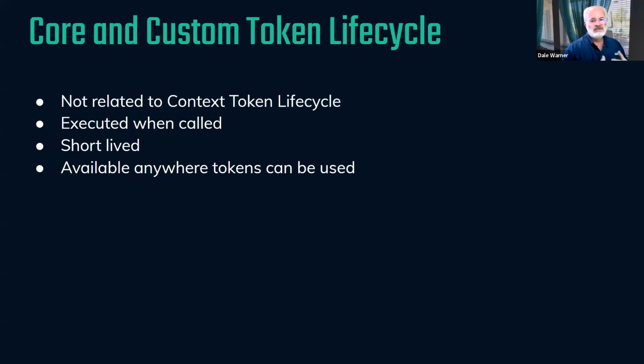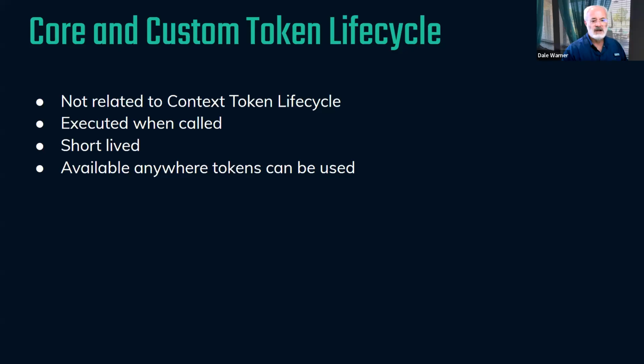So core tokens and custom tokens, trying to differentiate them a little bit. The life of a core token has nothing to do with the life of a context token. When you have a token that gets evaluated, if it's a core token, it's going to evaluate it in that instant.